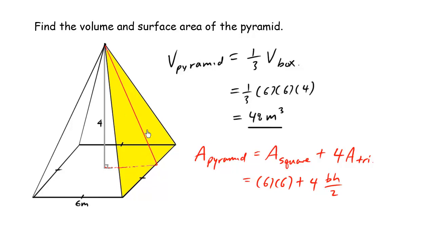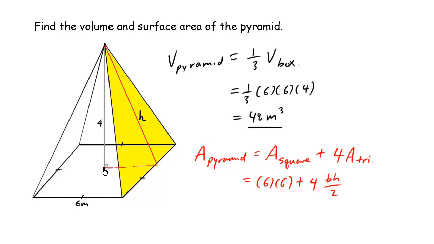And this triangle's height is this red line. This is the height. Let me just use the color black. So this here is the height of the triangle, focusing on this yellow triangle. Do not confuse this height with the number 4. This is the height of the pyramid. So here we have to think about the height of the triangle. As we're focusing on this triangle formula, we're focusing on this height.